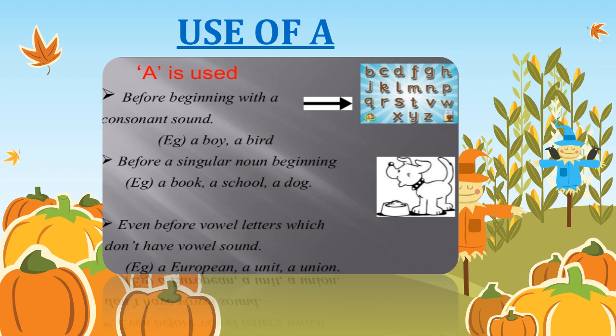In Chapter 2, Vowels and Consonants, we have studied A is used before words beginning with consonant sounds and An is used before vowel sounds. But there is one exception. We also use A before words beginning with vowel letters but which don't have vowel sounds.